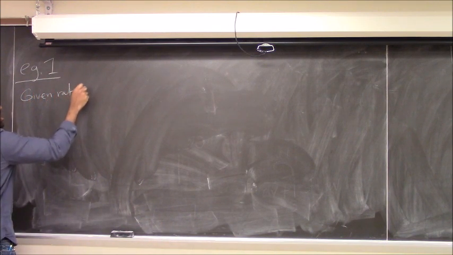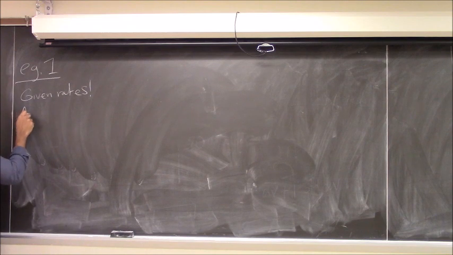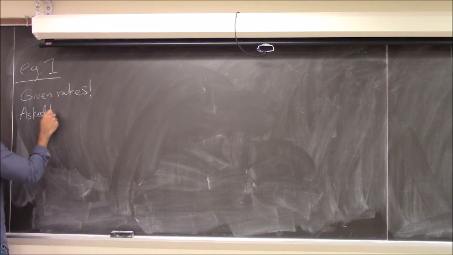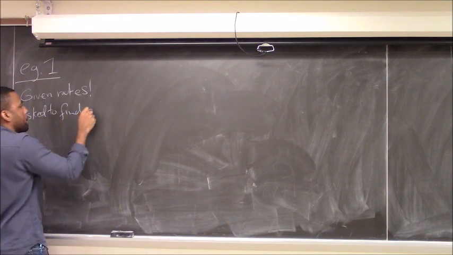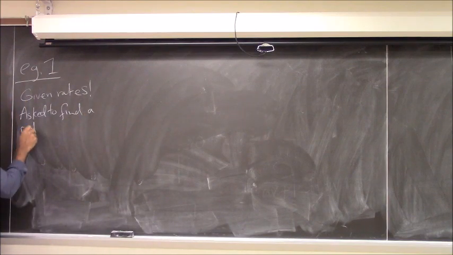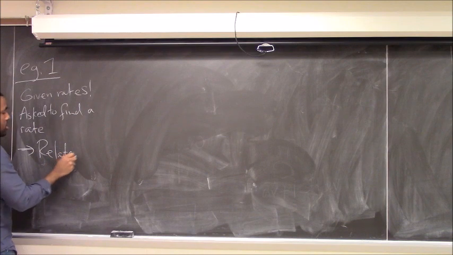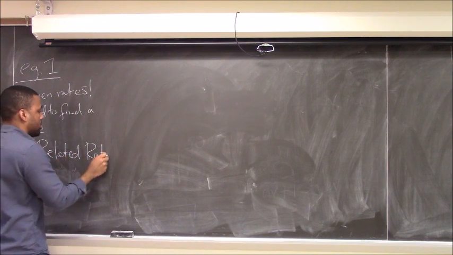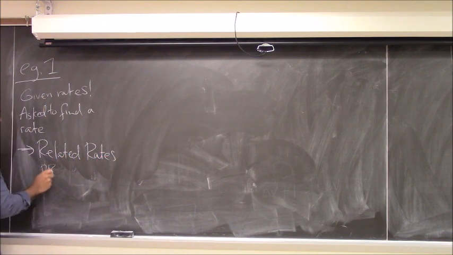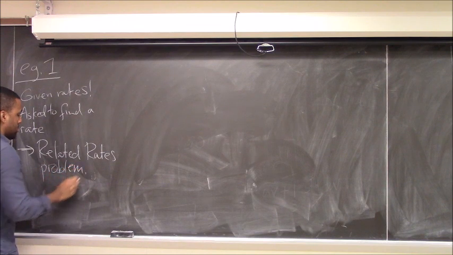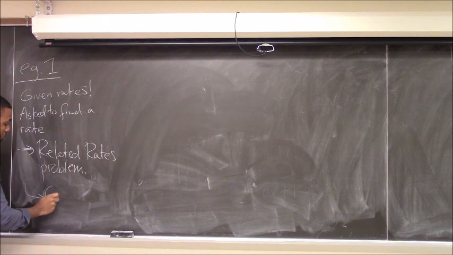It's telling you how fast something is changing, and you're asked to find the rate. That tells you it's a related rates problem. And which means go through the 6 steps.